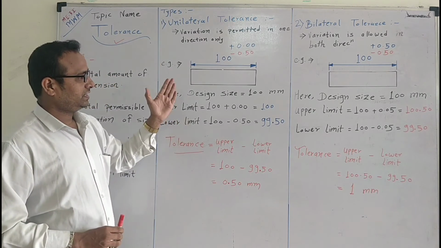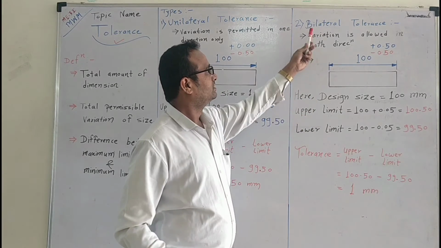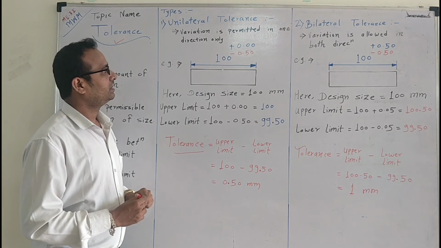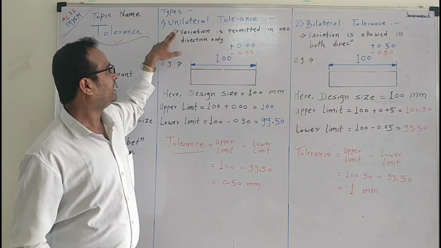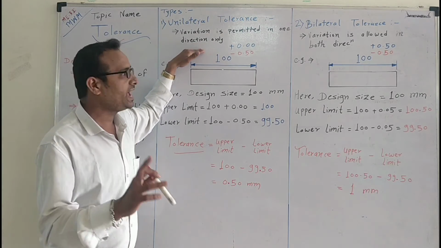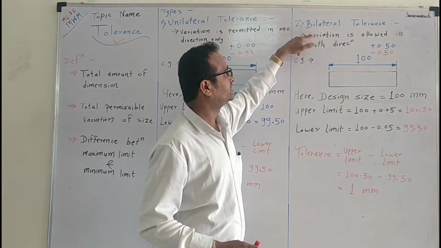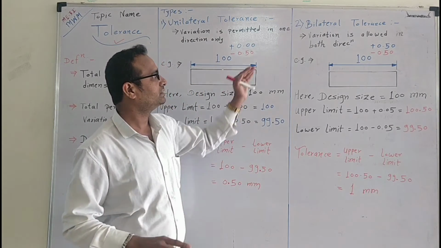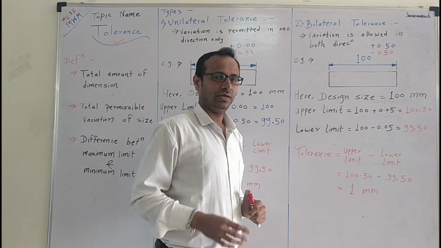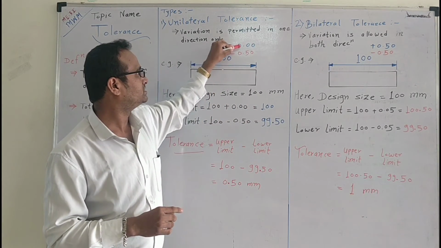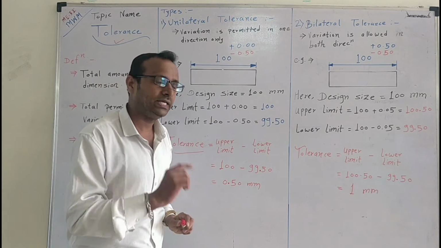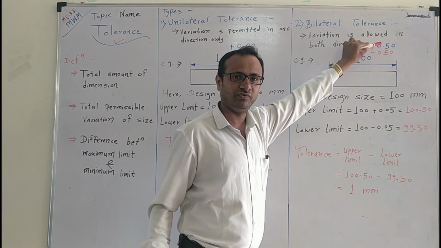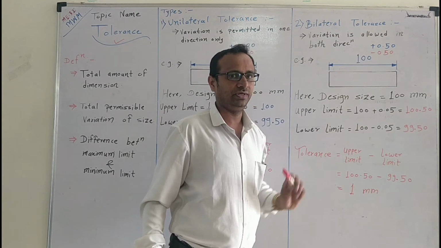Now see the exact difference in bilateral tolerance, which is the second type. In unilateral, variation is provided in one direction, and in bilateral, variation is allowed in both directions. In unilateral, we have given 100 plus 0.00 minus 0.50, but in bilateral tolerance, we provide 100 plus 0.50 and minus 0.50.